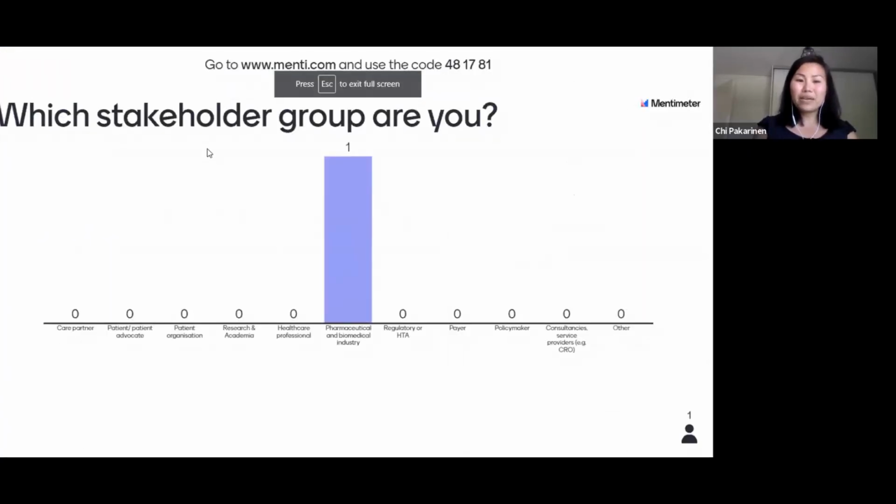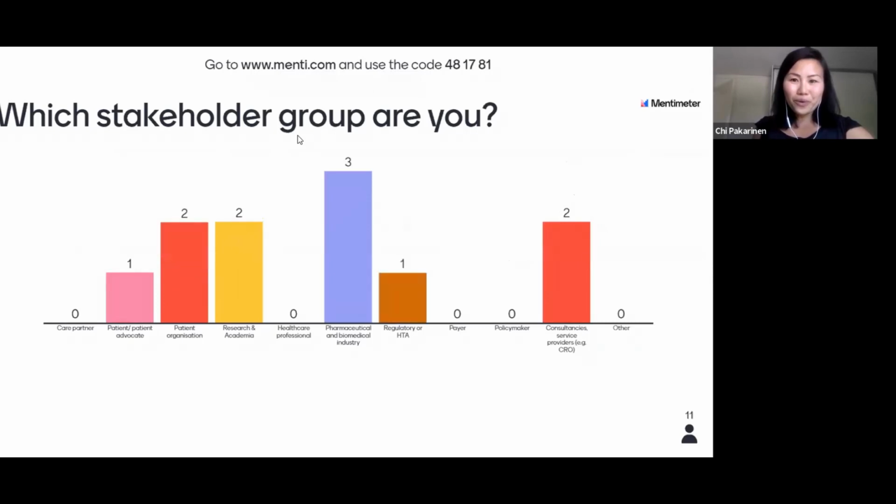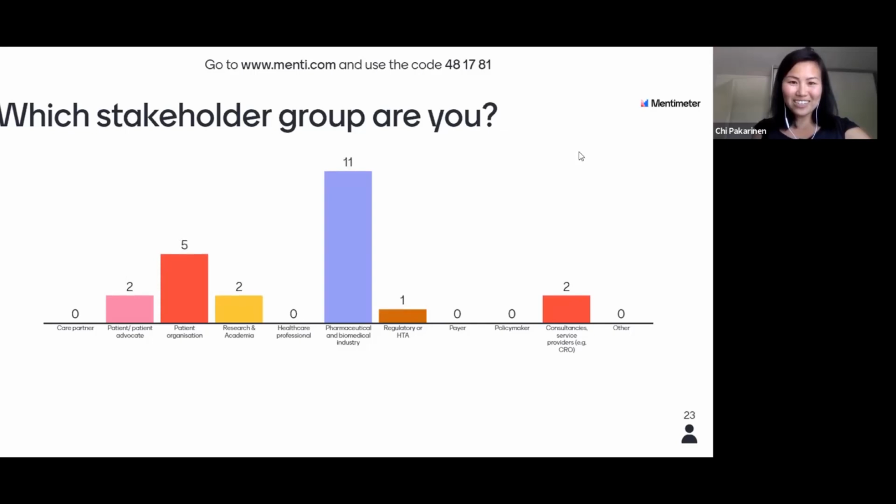So in the Mentimeter, great, we already have 1, 2. Can you see the screen? Go to menti.com, code 481781, and answer the first question. We'll give it a few minutes more to see that everyone has time. As of now, it looks like we have more pharmaceutical colleagues here on the call.